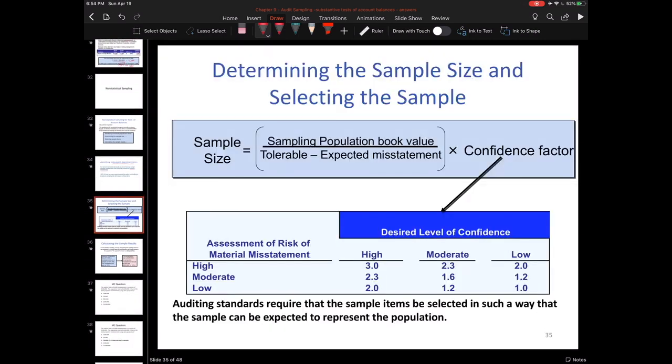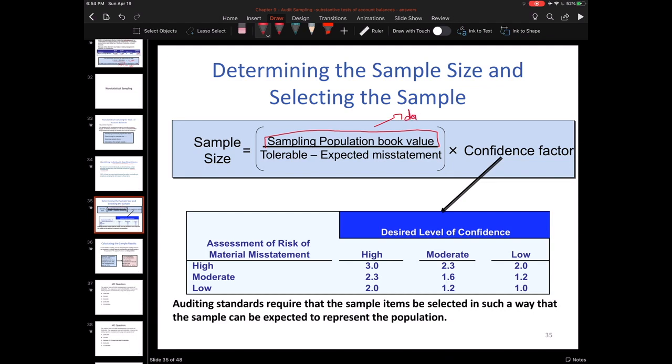For non-statistical sampling, we determine the sample size using this lovely formula. And you see that it's just the book value of the portion of the population that we're sampling from. This is relevant because there may be a portion of the population that you are testing 100%, and we would not include that in this numerator here.